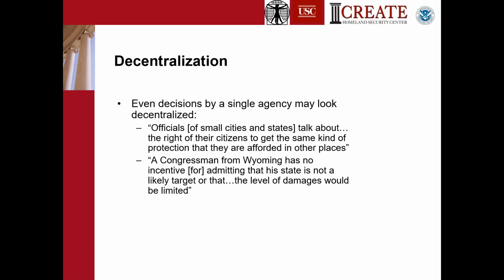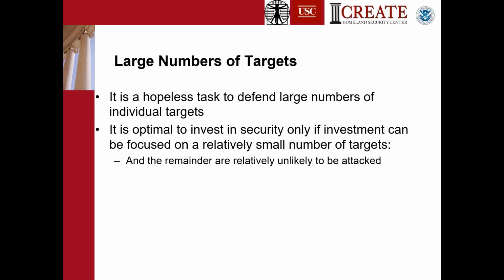You don't get officials from small cities and states going to DHS saying, we don't need money. So there is kind of a constant pressure to fund less important targets and a need to kind of push back against that to make sure that the most important targets are getting the funding they need.